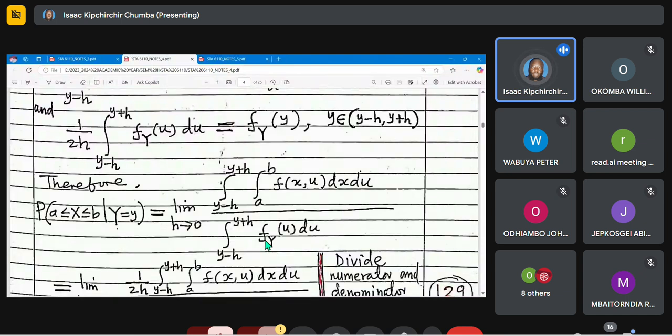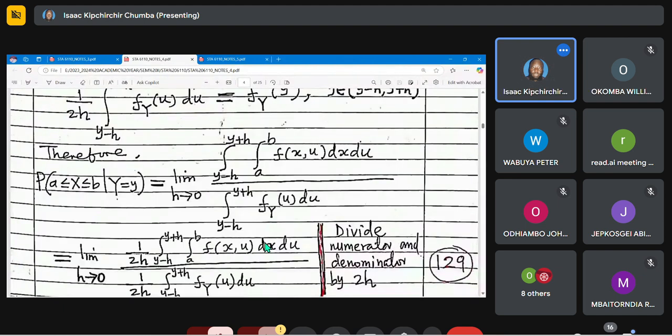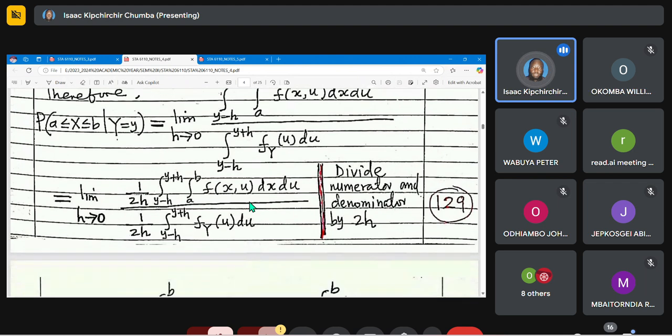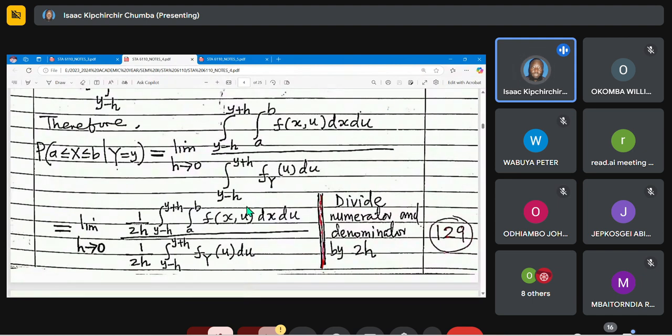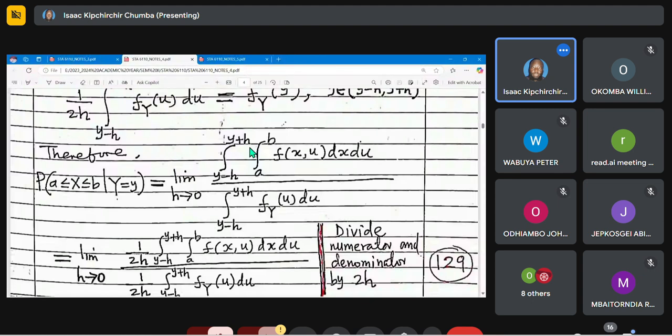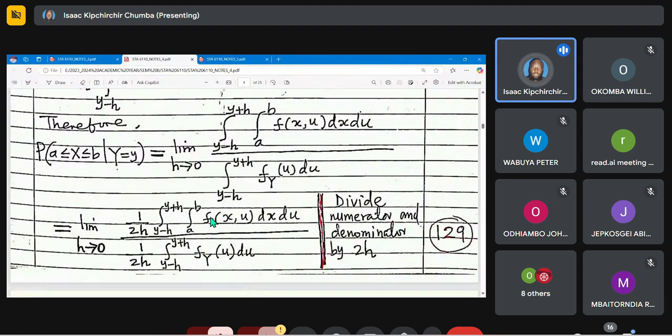So we have just substituted in the numerator. Divide the numerator and denominator by 2h. Then I'll have that in the numerator, I'll have this in the denominator. And we already have the results now.